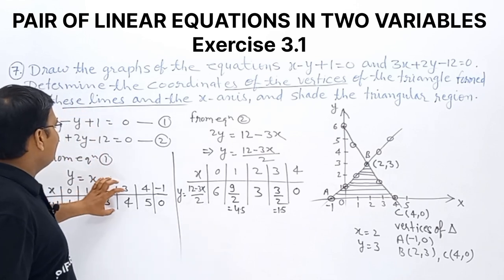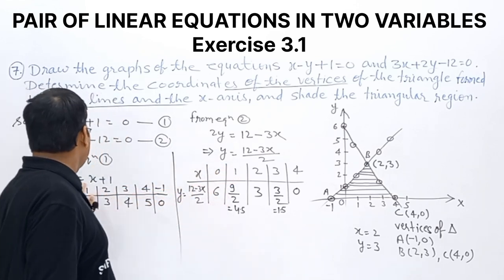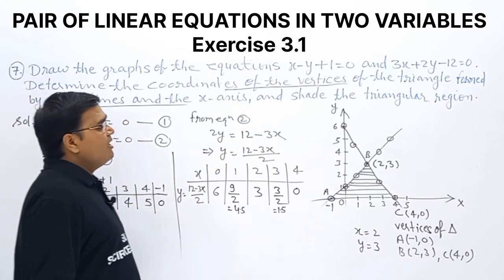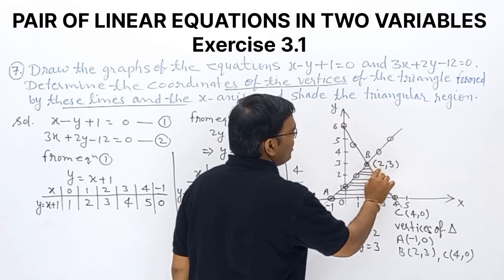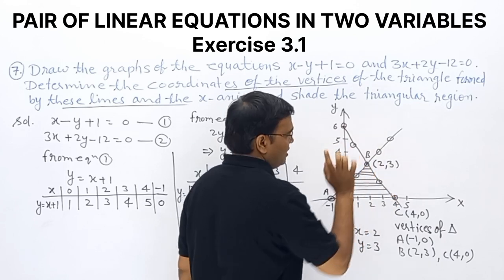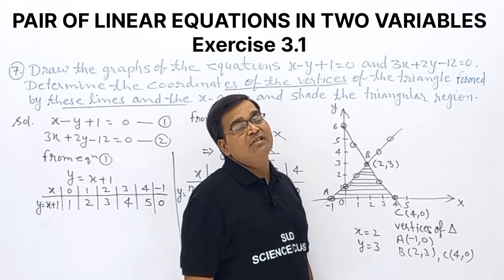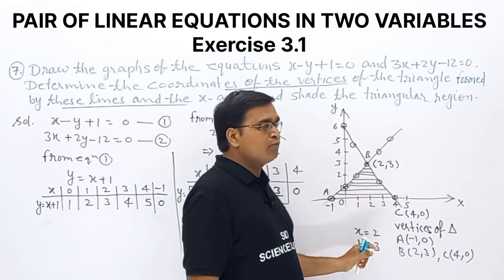For this one we get this table, and for this one we get this table. Now we draw these coordinates on the graph paper. Then these lines intersect at this point, (2, 3), which is the solution of these equations: x is 2 and y equals 3.